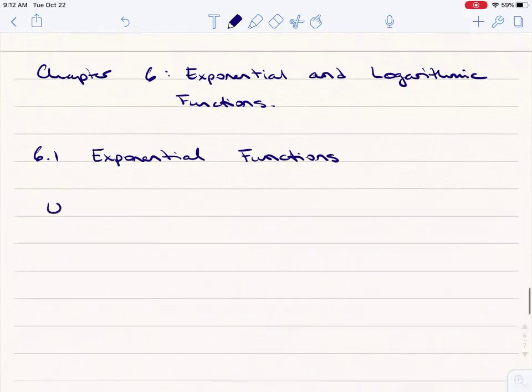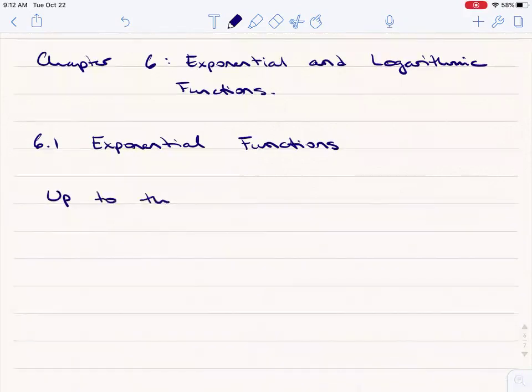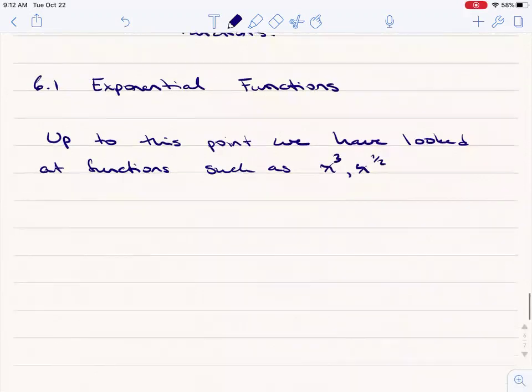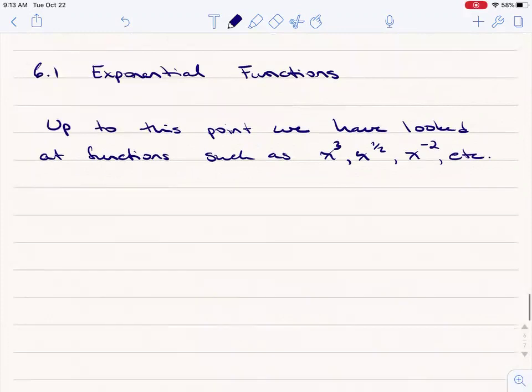So up to this point, we have looked at functions such as x to the power of 3, x to the 1/2, x to the -2, etc., where the variable x is in the base.